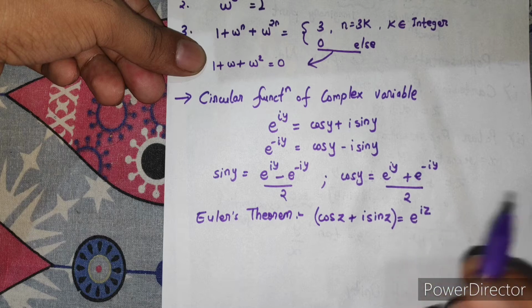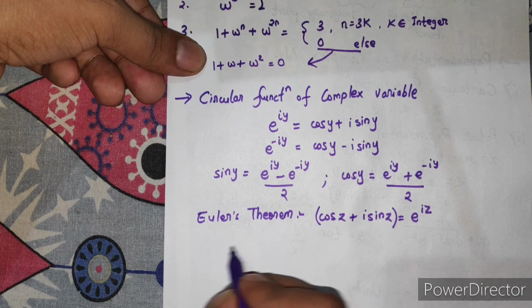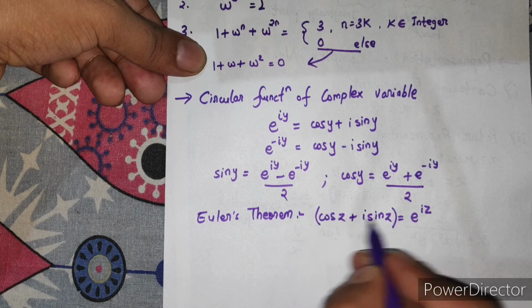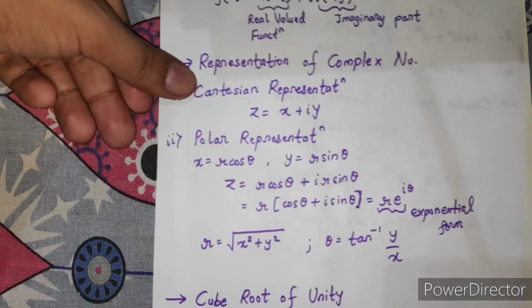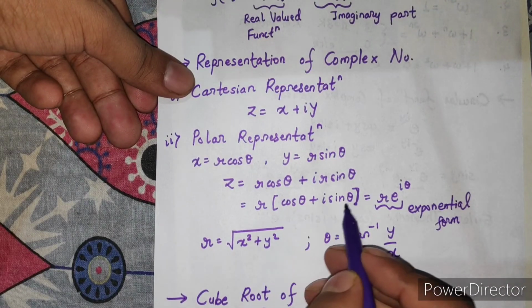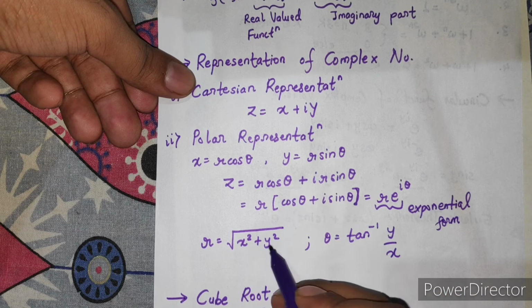You can solve this if you want to verify, or the value of R is outside, something that we have seen previously: R(cos theta plus i sin theta) is equal to R e to the power i theta, where R is the root of x square plus y square.